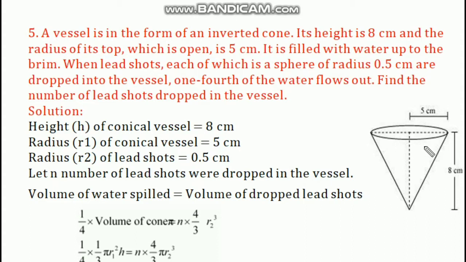Already given that it is 1/4 of the water. So the water spilled from the conical vessel is equal to the volume of lead shots. However many lead shots we put inside the vessel, that much water only comes outside.